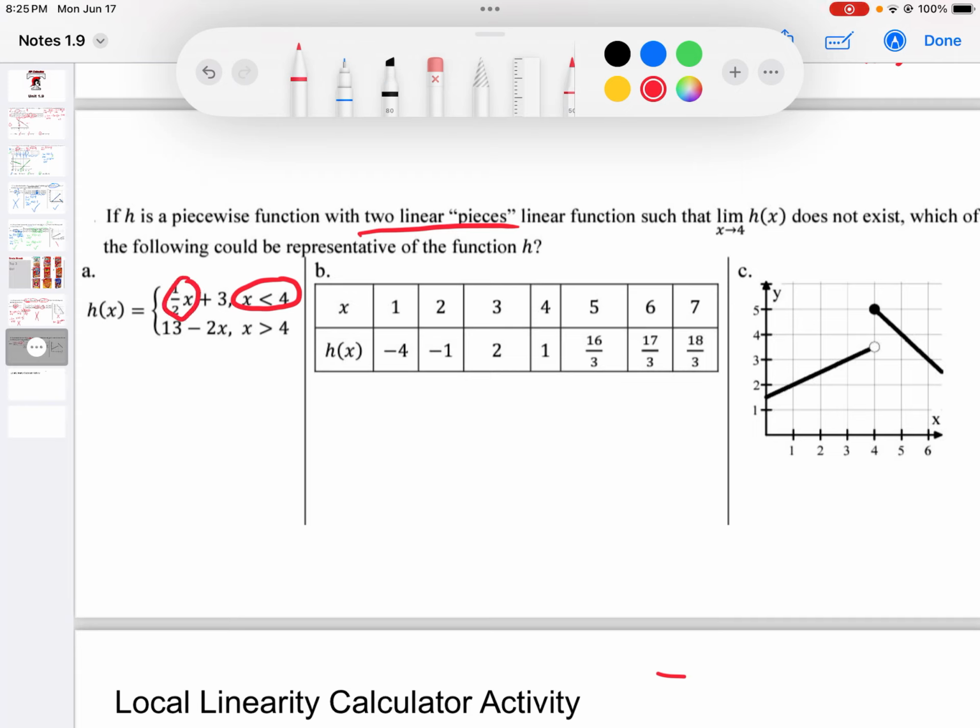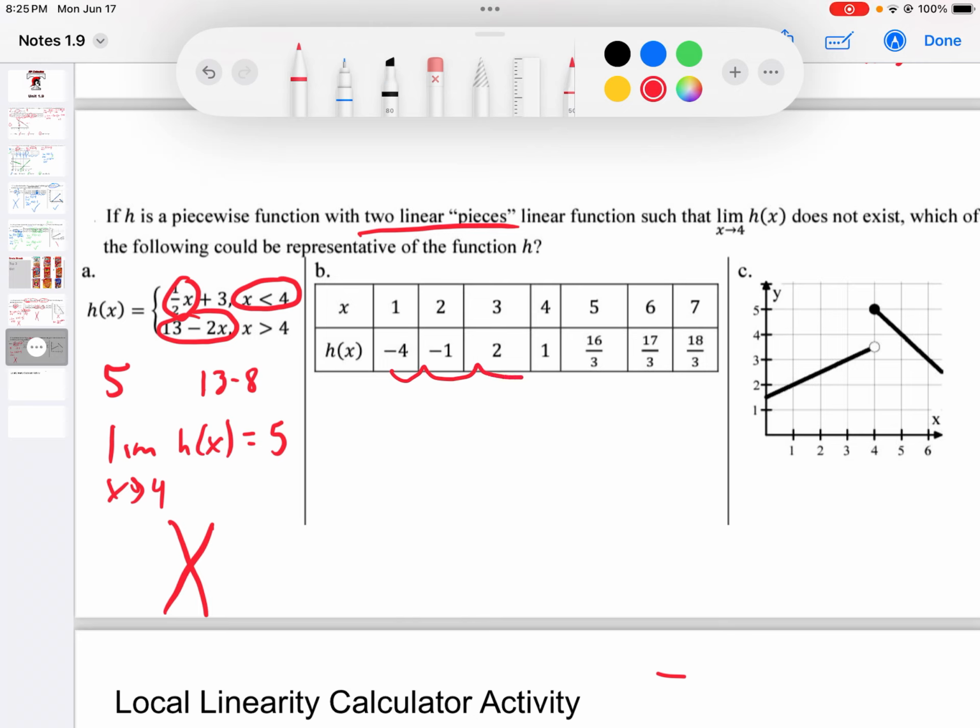So if I plug in 4, half of 4 is 2, so that'd be 5. Plug in 4 on the bottom one. What's that? 13 minus 8. That's also 5. So the limit as x approaches 4 of h of x looks like it's 5. It's not non-existing. So that's not it.